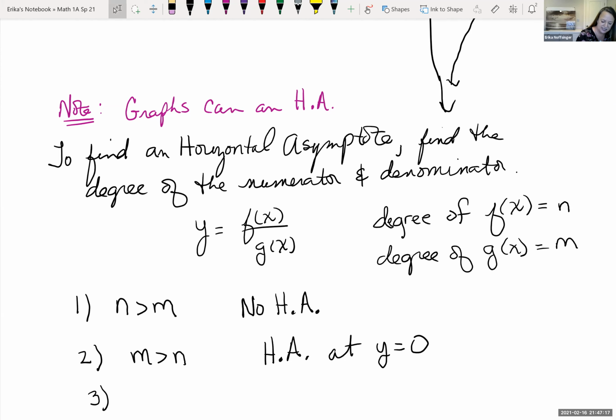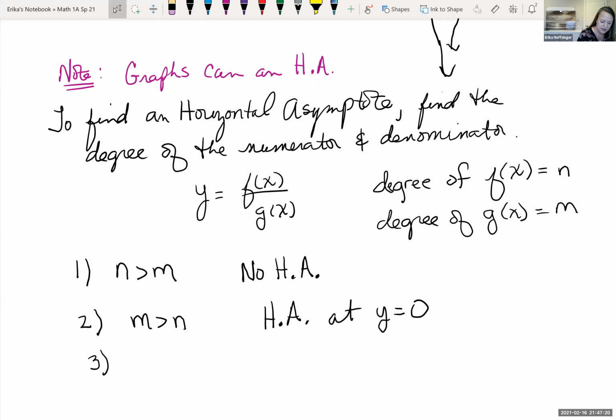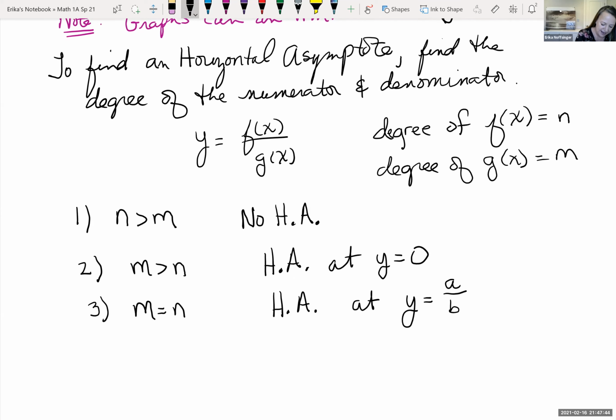And then the last scenario is that the degrees are equal to each other. So maybe m is equal to n. If that's the case, there is a horizontal asymptote at y equals a over b, where a is equal to the leading coefficient of the numerator. The leading coefficient is the number in front of the variable raised to the highest power.